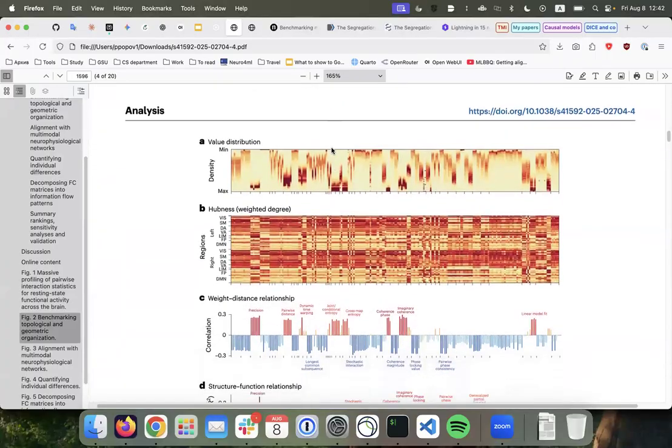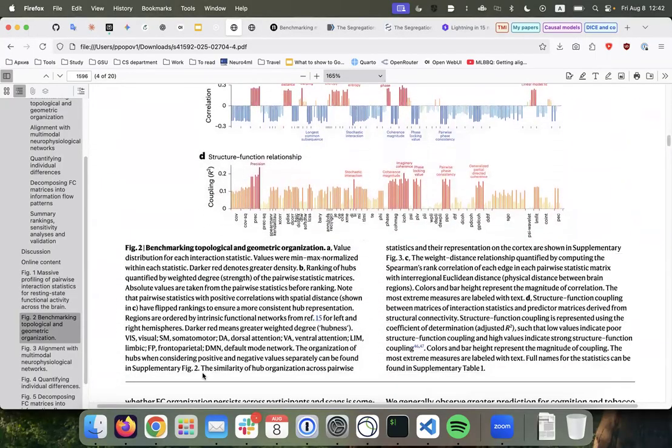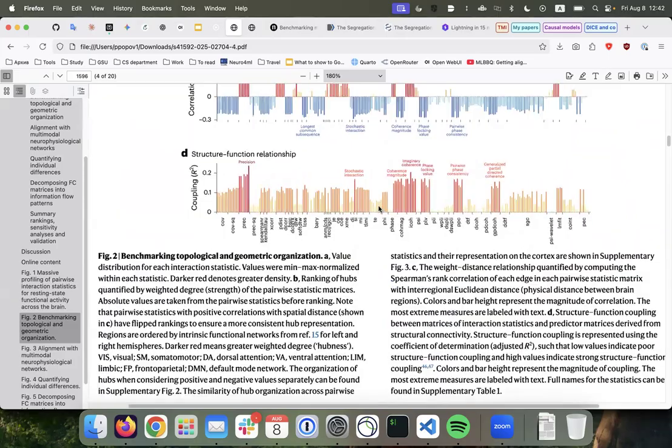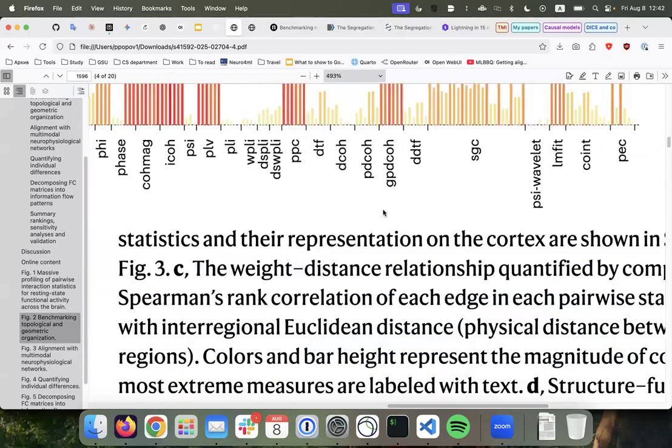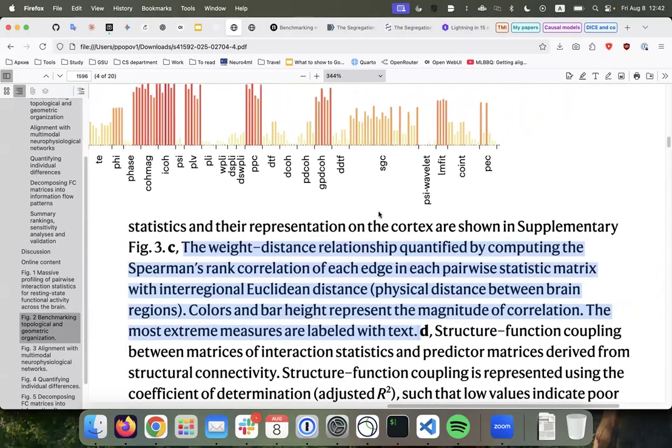It says they use interregional Euclidean distance, so physical distance between brain regions. Yeah, so they presented brain regions as dots, center of masses, or something like that. But it seems weird to me with something like the default mode network, which spans multiple regions. Yeah. But they took some atlas that is localized, and they broke correlated things into different regions.